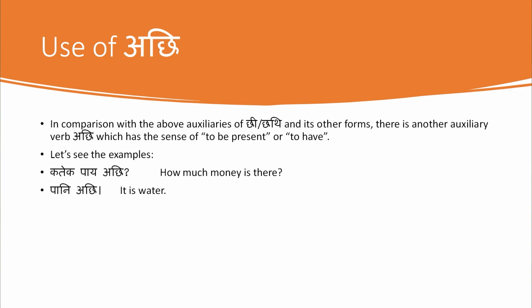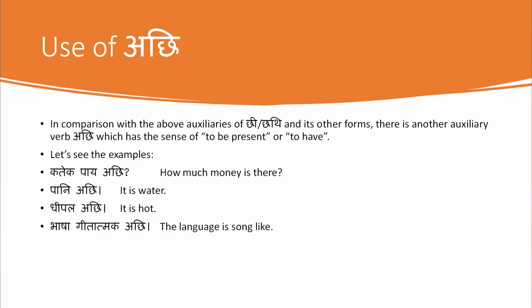Let us say, for example, you went somewhere and saw that there is water, you can simply say pani ach. Dhipal ach, dhipal means hot, so it is hot. Bhasa gitatmak ach, the language is song like. So, it is like the language, it is both existential and something having a property of some kind.